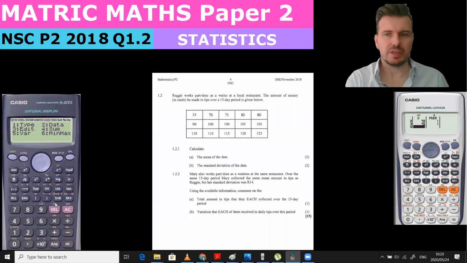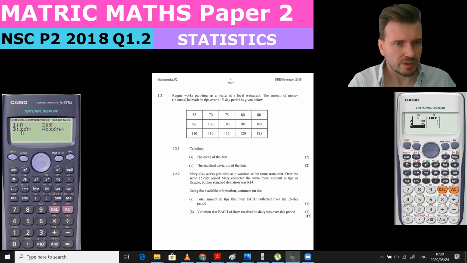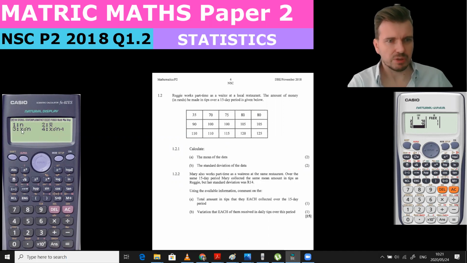Okay, so let's just repeat that now. So the data, if we want to look at it, is over here. Okay, so we put it all in here, and we just say clear. It doesn't clear it. It's still stored. Shift, stat, and we go to 5. And this thing in the middle of the x and the n, that is what you're looking for to get your standard deviation.